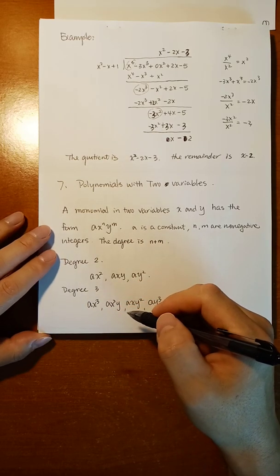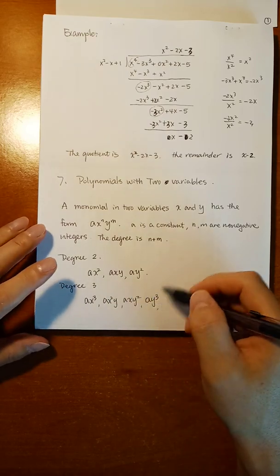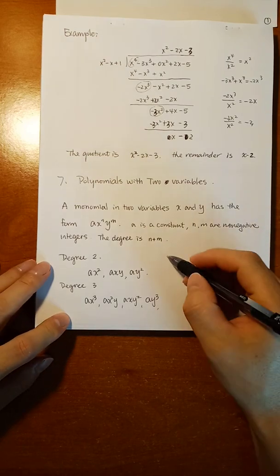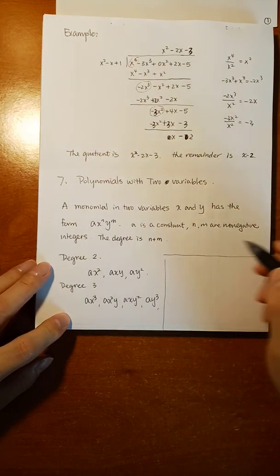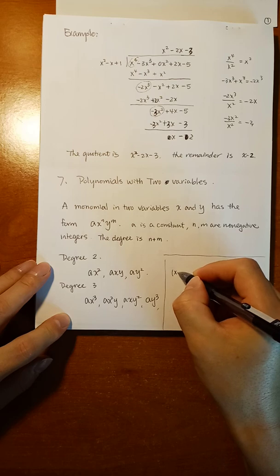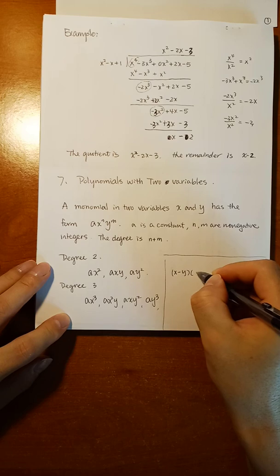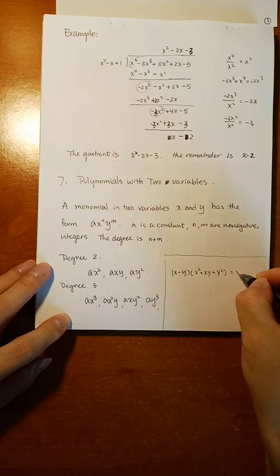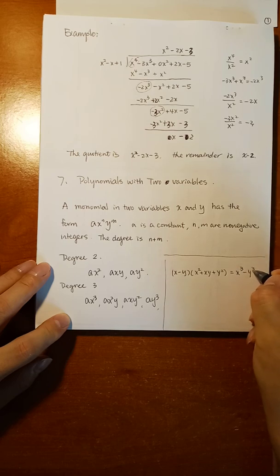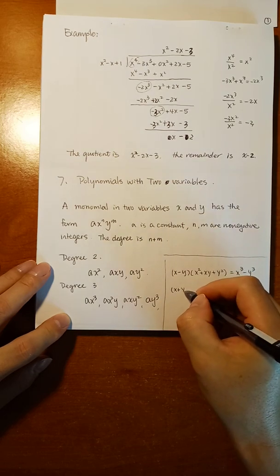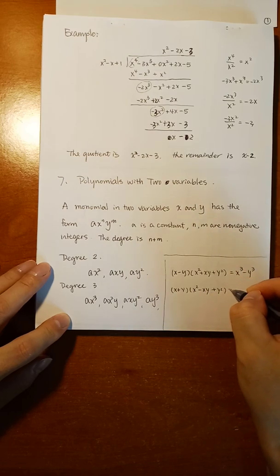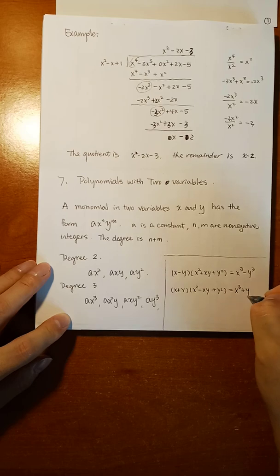Why? This is a monomial. If you put monomials together, you will get a polynomial. And remember, in the computation part, we have x minus y times x squared plus xy plus y squared is x cubed minus y cubed, and x plus y times x squared minus xy plus y squared is x cubed plus y cubed.